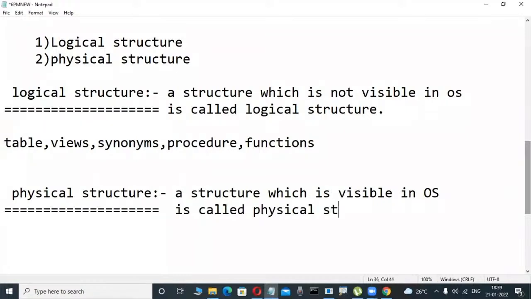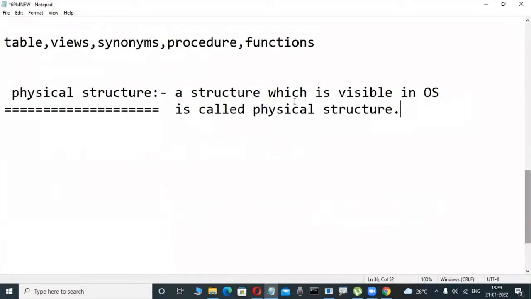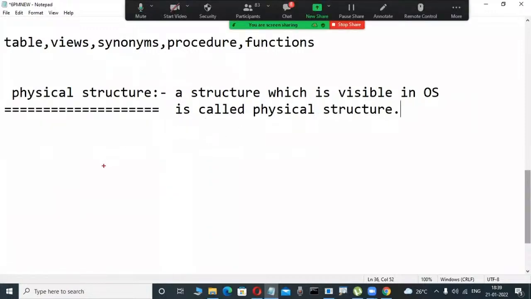Who are the persons working in this physical structure? It's a big concept. I'm telling the definition side only, because today I will tell you which definition of database is correct. A structure which is visible in the operating system is called physical structure. Suppose I am installing software, some physical files are created on the disk. Suppose PowerPoint, MS Access, MS Word, anything we load, physical files are created.